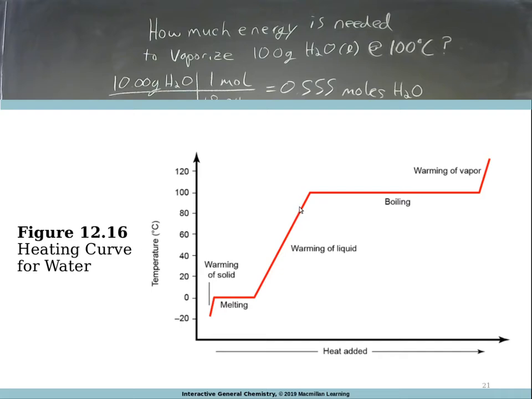And then warming the water, you'd use Q equals mc delta T, but this time you'd use the specific heat for liquid water, which is about twice the specific heat for solid and vapor. And so the specific heat depends on the phase, and once you reach the boiling point again, you'd use Q is equal to n delta H of vaporization, or m times delta H of vaporization. And then finally for this last phase, Q would again equal mc delta T, only this time you'd use the specific heat for water vapor.